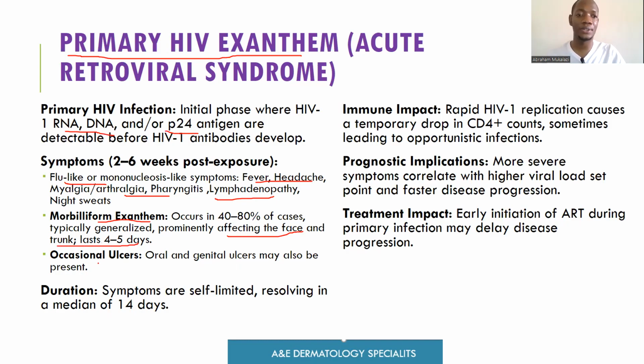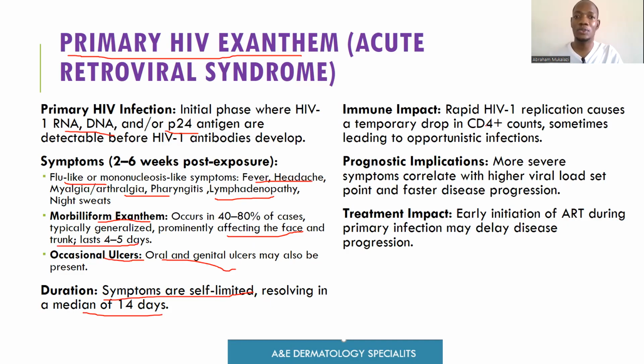After that, it will clear. Occasionally we can get oral involvement where you get oral ulcers, and genital ulcers as well have been reported in a few cases, but most of the time some people can go through this phase without any skin manifestation. This is usually self-limited and will resolve in about 14 days.